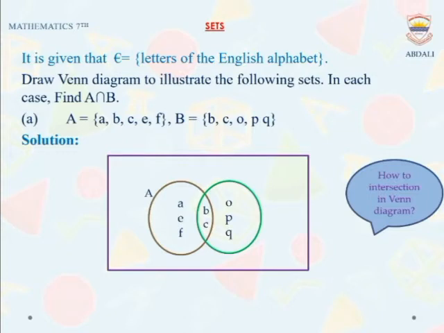So BC will be represented in the part that is common to both sets, and the other members, other objects of set B will be written as they are, which are O, P and Q. And we will name our set as set B. So class, now you are done with intersection in a Venn diagram. And now we will write our answer: A ∩ B is equal to {B, C}, which is common to both sets. Okay?